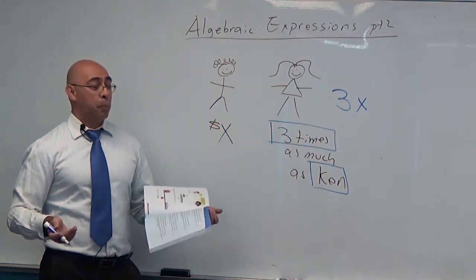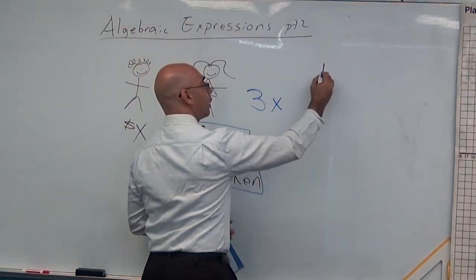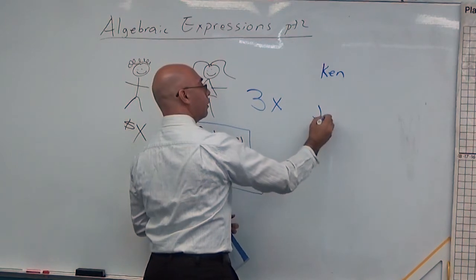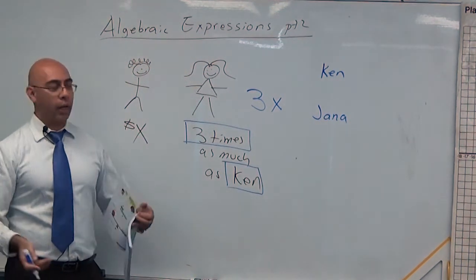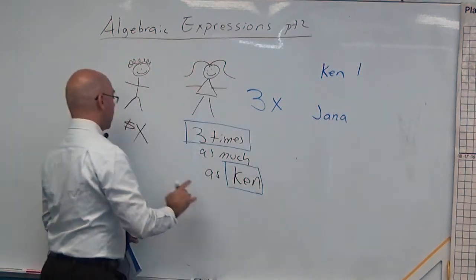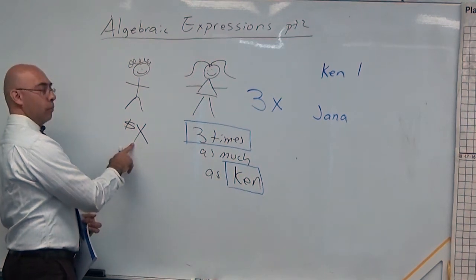All right. And the picture they used for that, so if Ken, let's write Ken right here. Now, who's this kid right here? Jana. So in your workbooks, when they give you a diagram, how many squares should Ken have? How many x's does Ken have? 1.